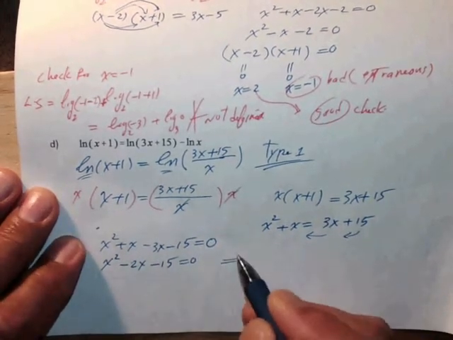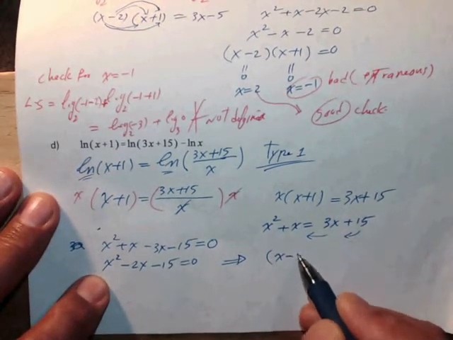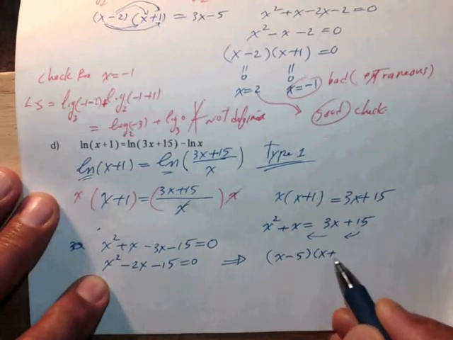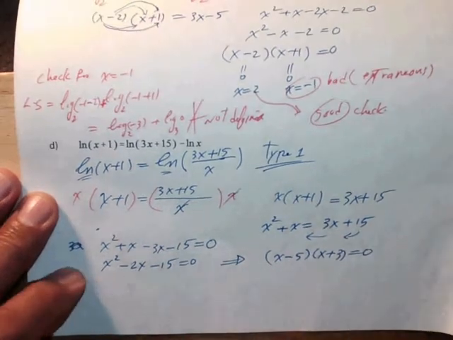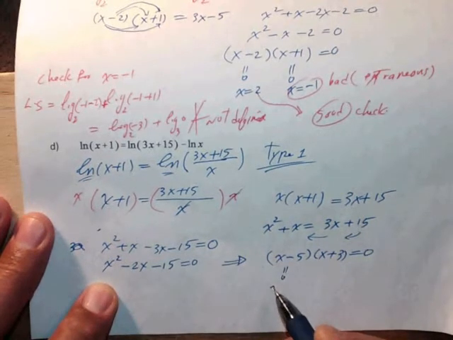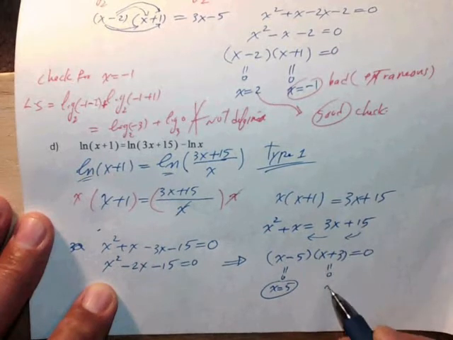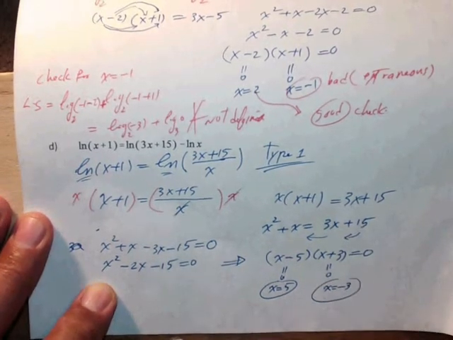You can factor this actually. This is x minus 5 times x plus 3 equal to 0. If you couldn't factor it, use the quadratic formula. So if I put this one equal to 0, x equals 5. Put this one equal to 0, x equals negative 3.